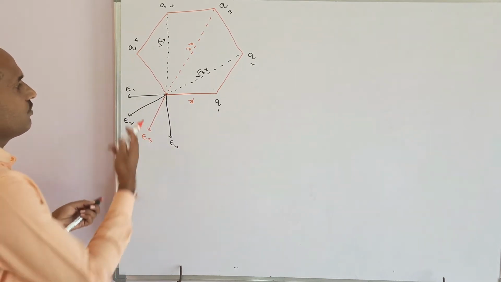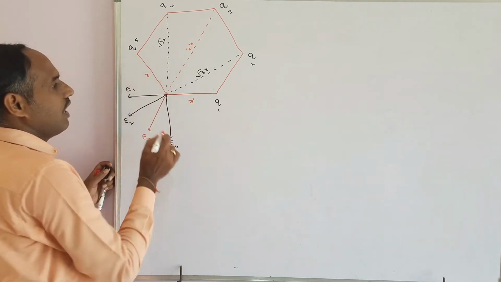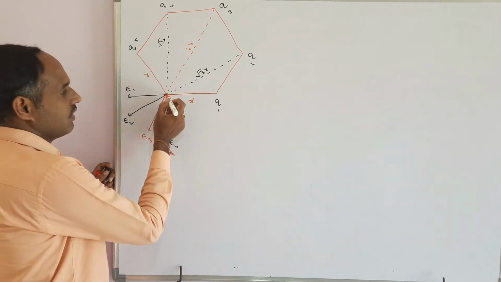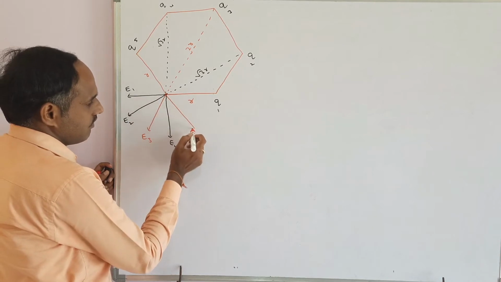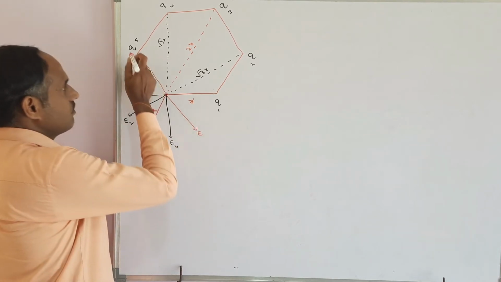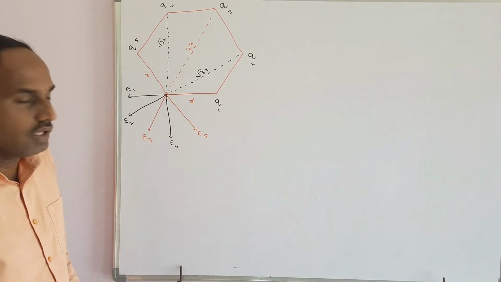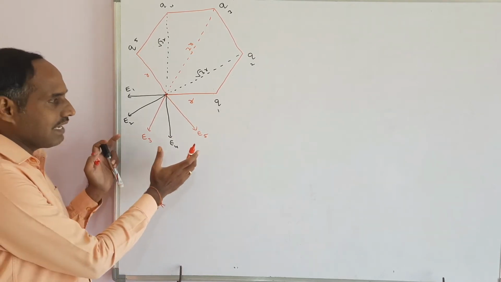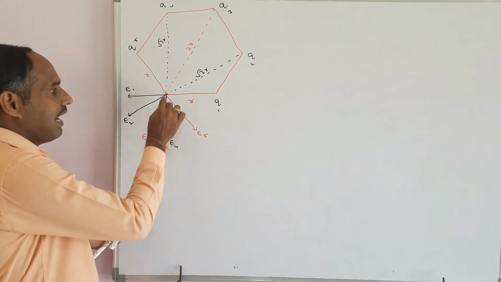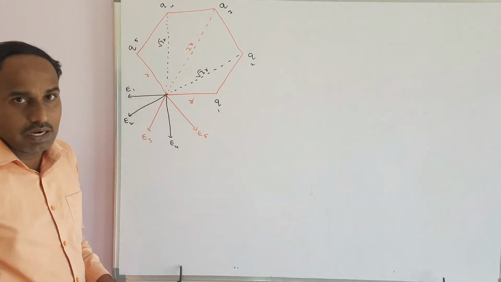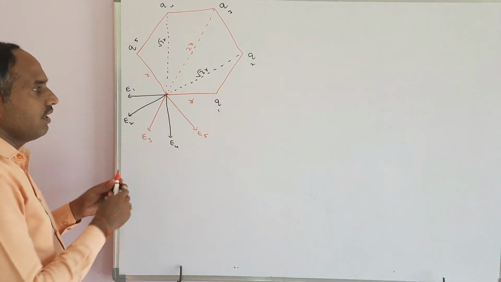And the fifth charge particle is at a distance of R only, because it is a regular hexagon. This direction is away from the fifth charge particle, so here it is E5. Now I have taken the directions of the electric field strength at this point due to the individual charge particles. Now I am going to simplify one after the other.